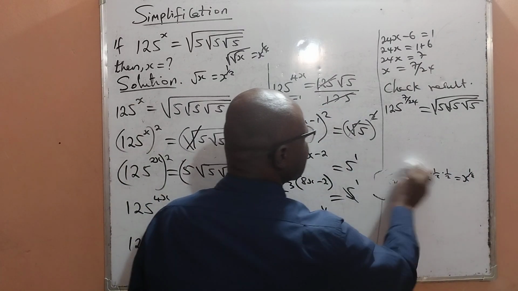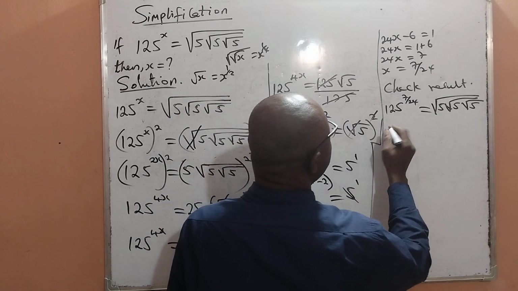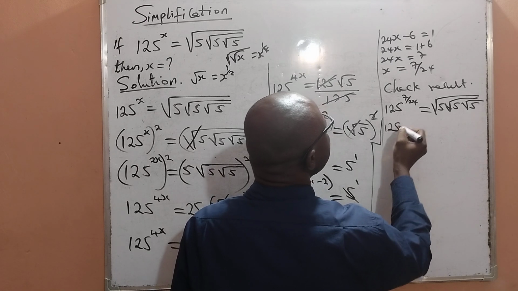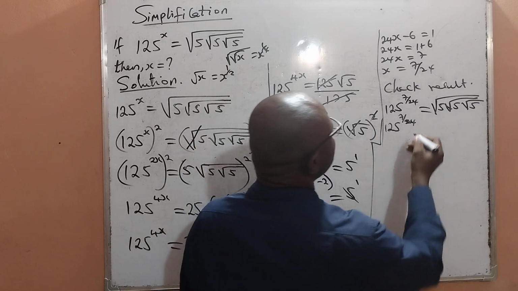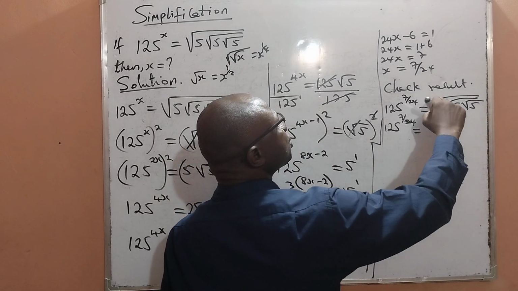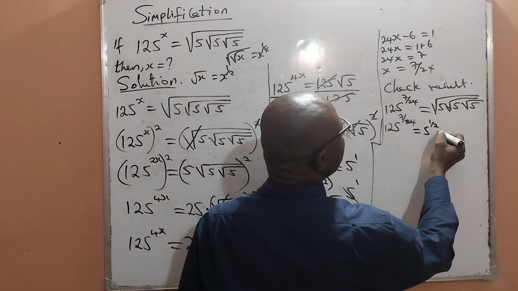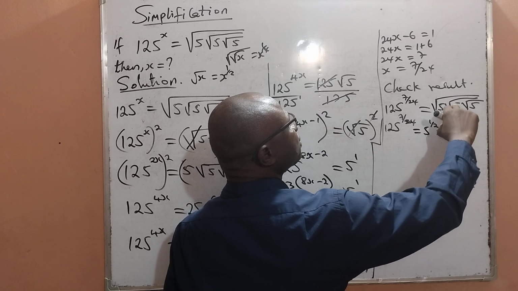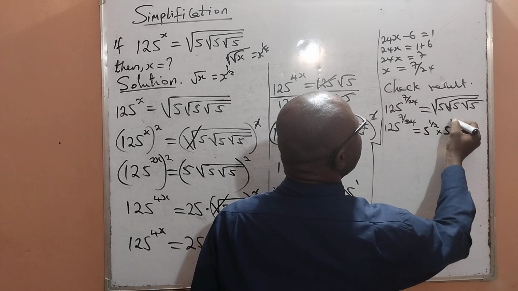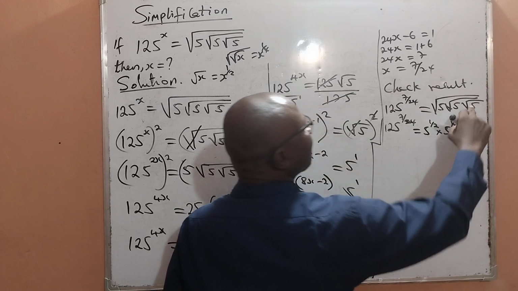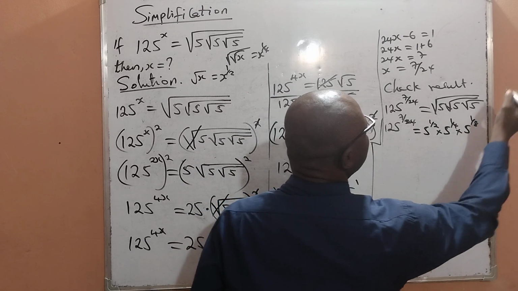Therefore, going by this explanation, I can represent the right hand side as follows. 125 raised to the power 7 all over 24 will now be equal to 5 square root of 5, which is 5 raised to the power 1 over 2, multiplied by the 5 with another square root, which gives me 5 raised to the power 1 over 4, multiplied by the 5 with three levels, which will now be 5 raised to the power 1 over 8.